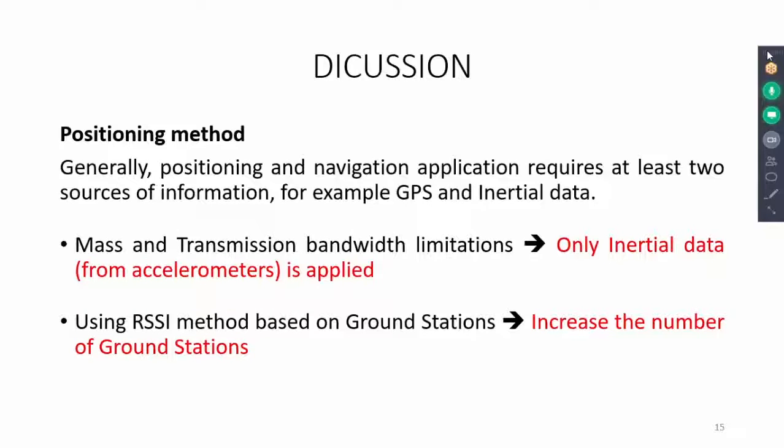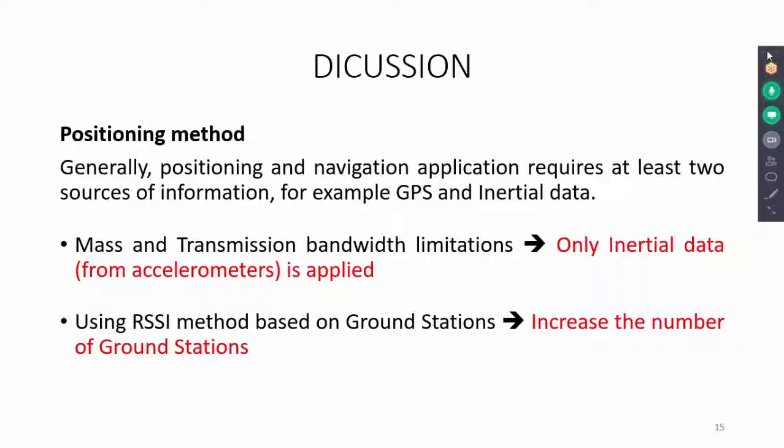The problem that we are facing now is that in general, positioning and navigation applications require at least two sources of information. For example, GPS and inertial data. However, because of weight constraints and transmission bandwidth limitations, we are now using only inertial data from accelerometers.